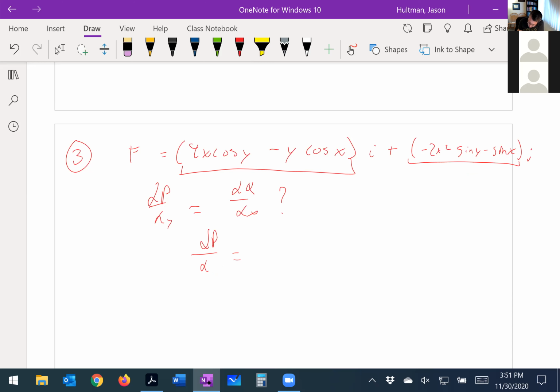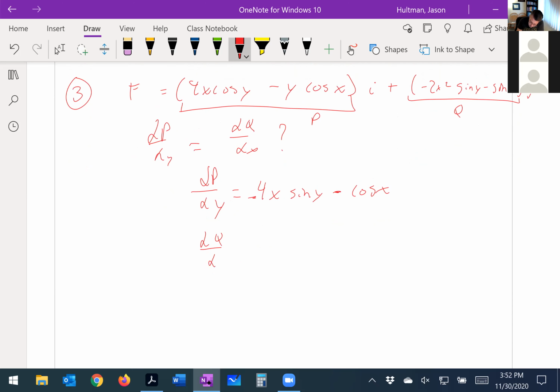I want dp dy. So dp dy is equal to dq dx. So dp dy, that's going to be negative 4x times the sine of y minus cosine x. Okay, so that's dp dy.